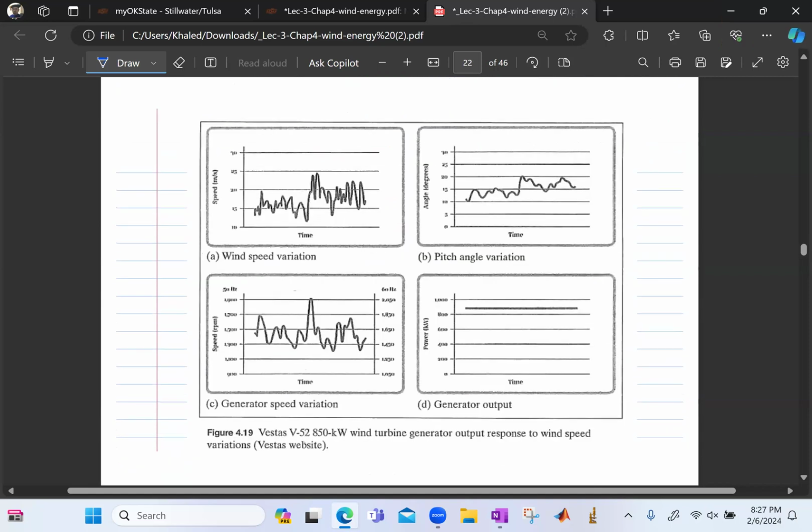Right. So this graph is just showing us that with the variation of the wind speed, the angle of the plate keeps playing so that it makes sure that it has a constant power output. Right?